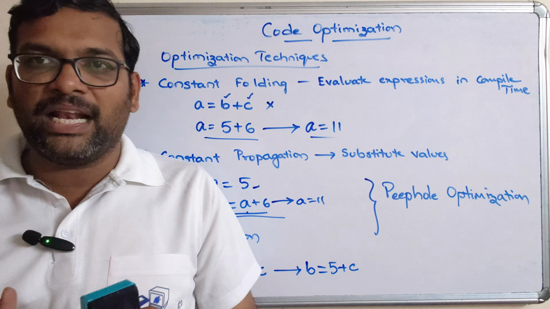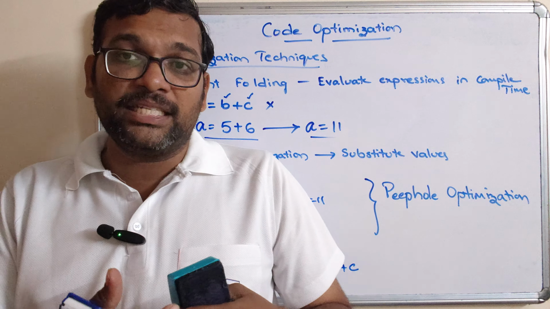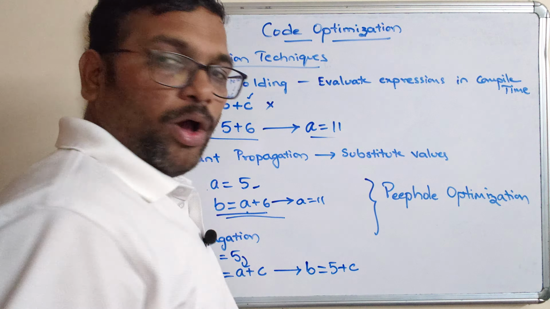So reducing the number of instructions by replacing them with an instruction which executes faster. That is peephole optimization.